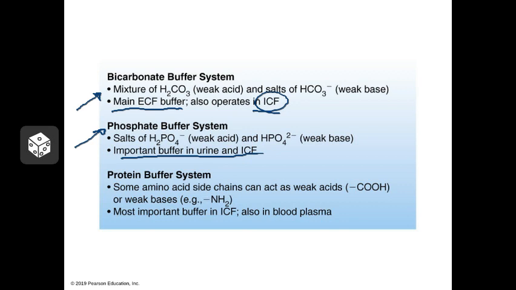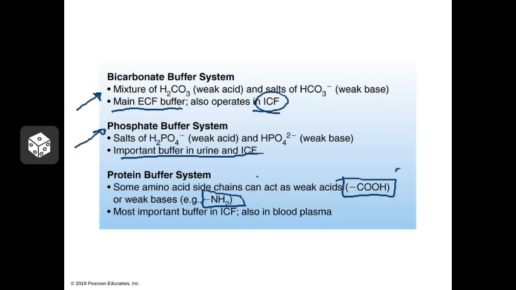And then our protein buffer systems. This doesn't happen all the time, but we have some proteins that have amino acids on one end that have a carboxyl group, and the other end have the amine group. And the carboxyl group can act as a weak acid, and the amine group can act as a weak base.